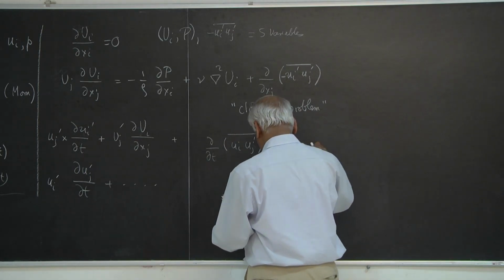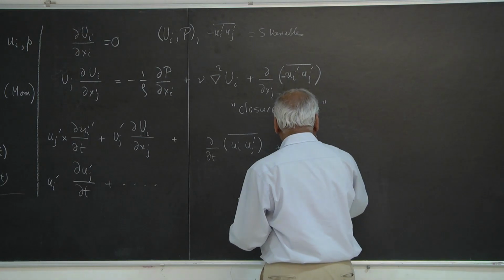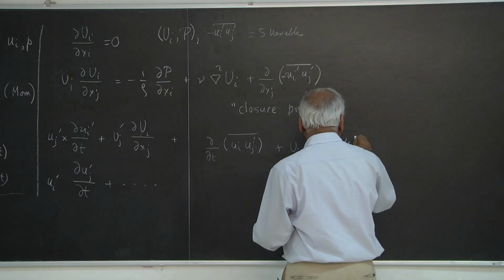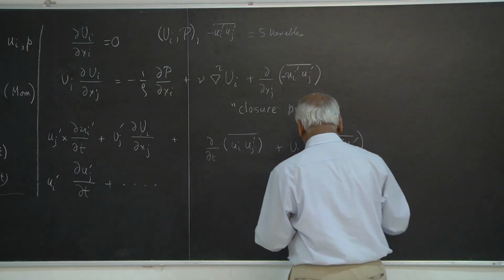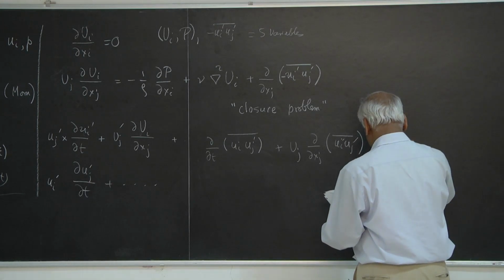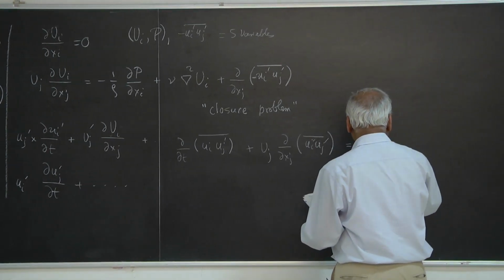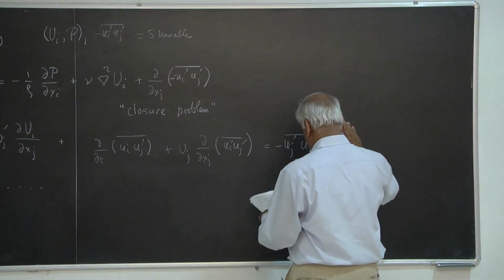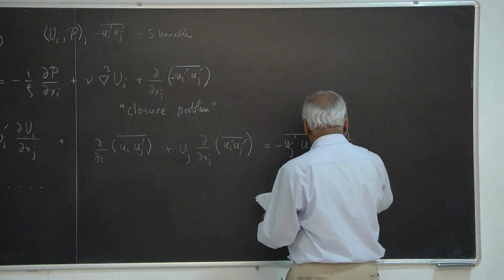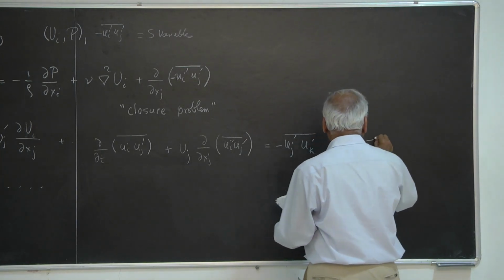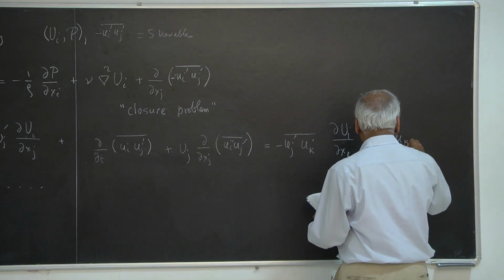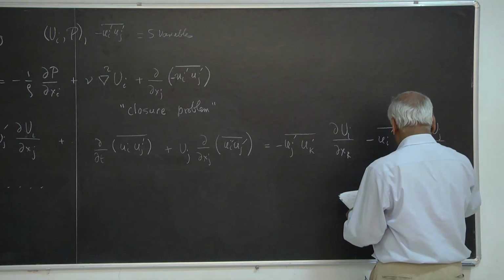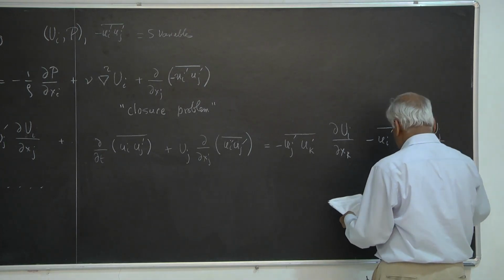Plus Uk d by dxk of ui prime uj prime average equals minus uj prime uk prime dUi by dxk minus ui prime uk prime dUj by dxk. You don't have to write it down, but I want to illustrate some things here.